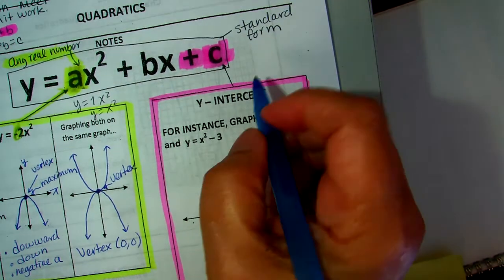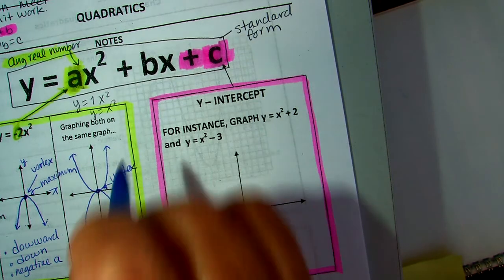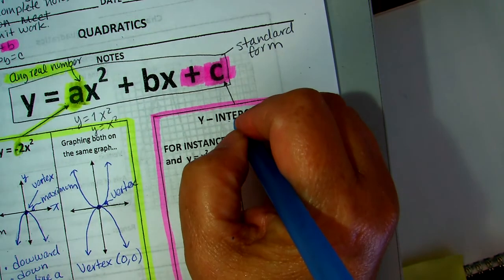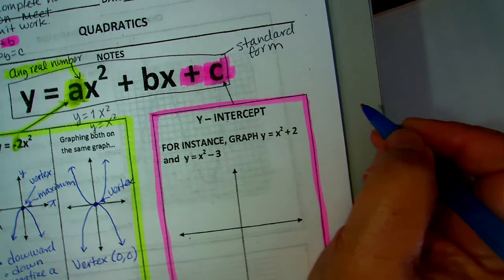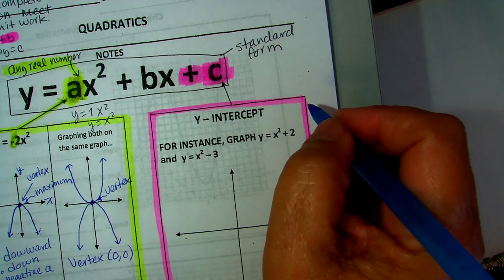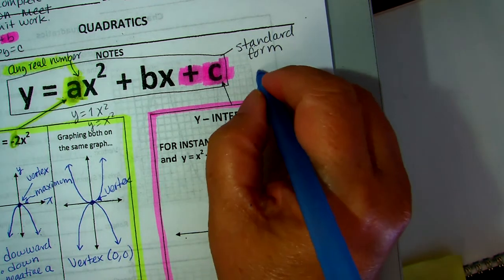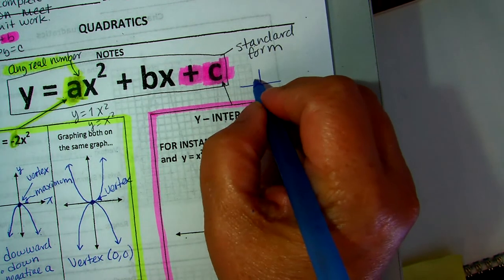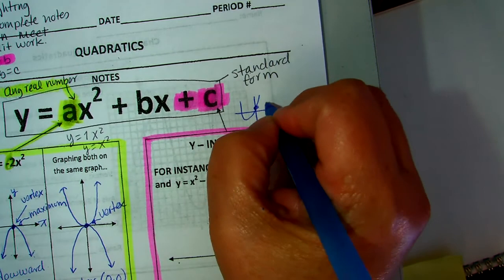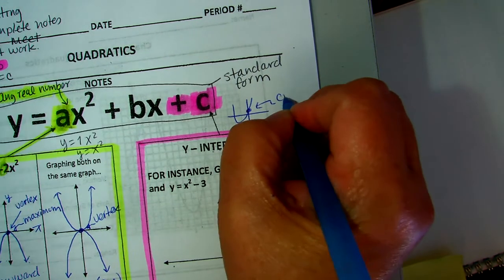Okay, so just like in linears, what did we say when we did the vocabulary for the y-intercept? It's crossing the y-axis. So it's when the graph, let's draw it over here, right here, crossing the y-axis.